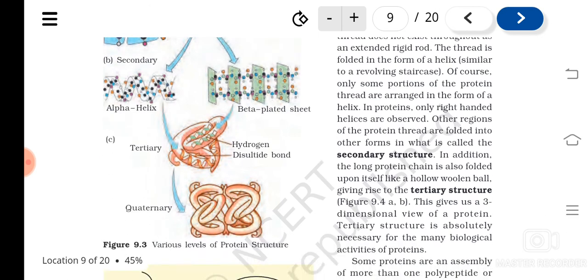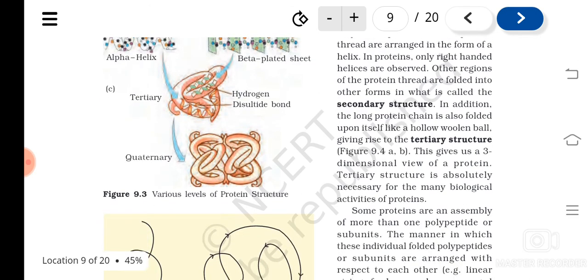The polypeptide chain folds in its own axis in different ways, either in the helical manner or in the pleated manner. So in that way it will give the secondary structure.